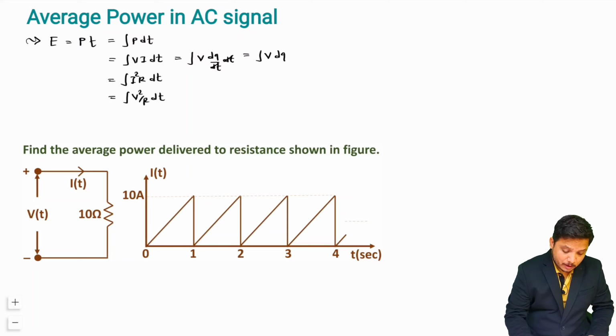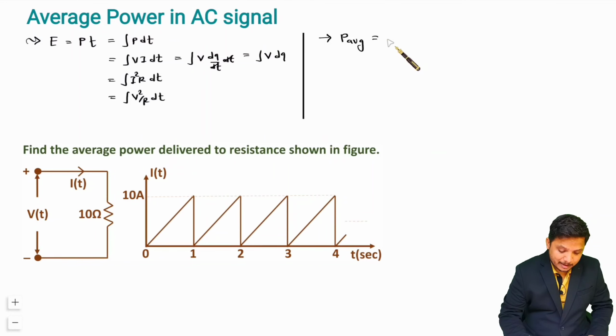Now when you want to solve for power, average power is energy over one period of cycle divided by that period.